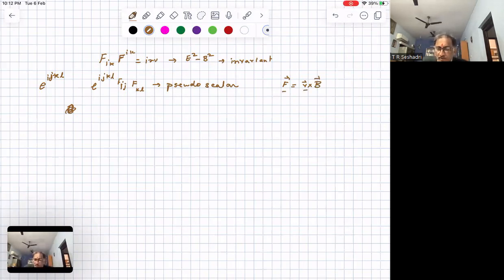So when you invert the coordinates, for an odd number of coordinates, V will change sign, F will change sign, but it means B should not change sign. So a vector will change its sign when you invert the coordinates and the coordinates are odd in number. Since B does not do that, it is a pseudovector, and that is what you find here. It's a pseudoscalar. And if you calculate this, you will get E dot B.